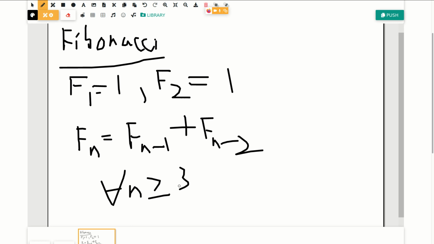I guess everyone knows this already, but that's how it is defined. This is probably one of the most interesting sequences in competitive programming or in computer science in general. Let's see how this works out.